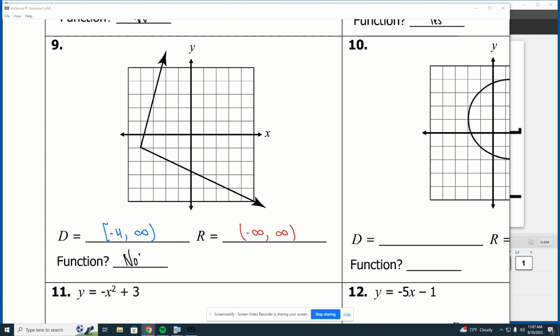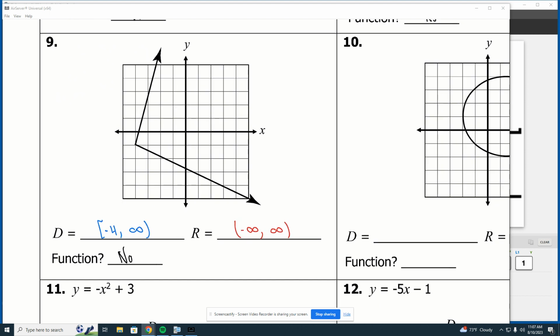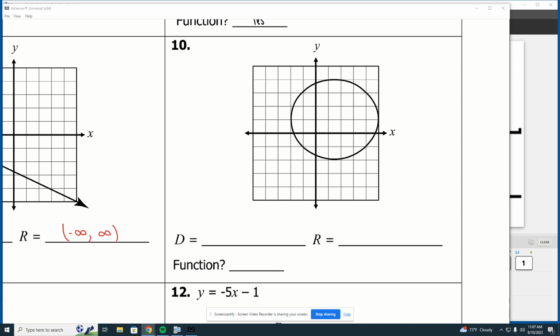Okay. All right. And the last one, until we grab our own, let's look right here. Domain. What's the furthest it gets to the left on the x-axis? Negative 2. What's the furthest it gets over here on the right side?